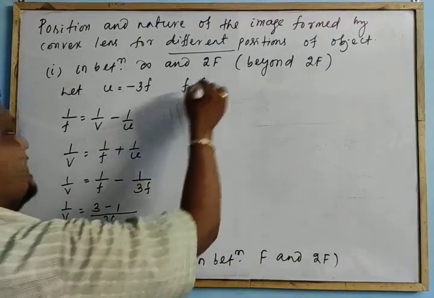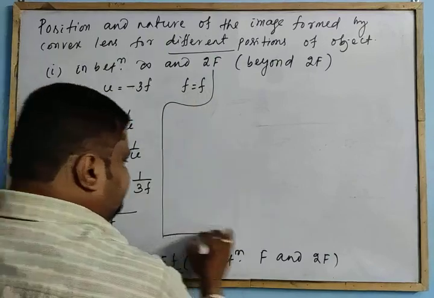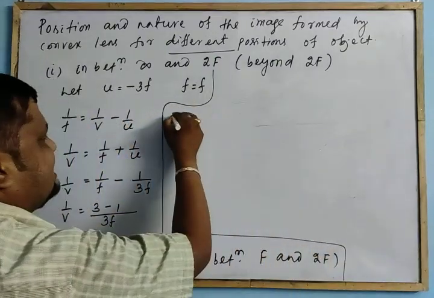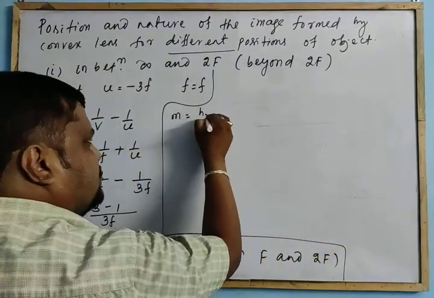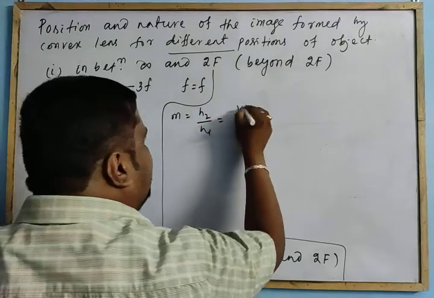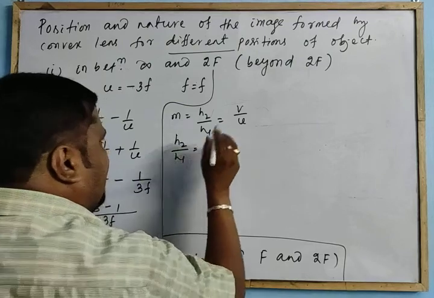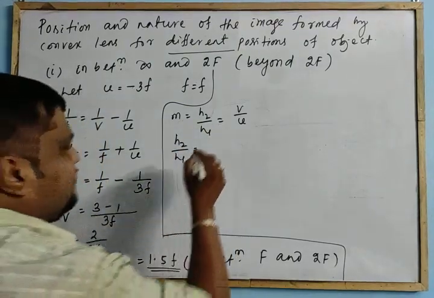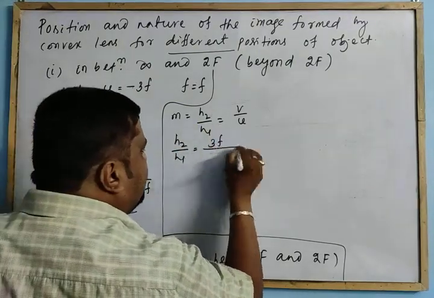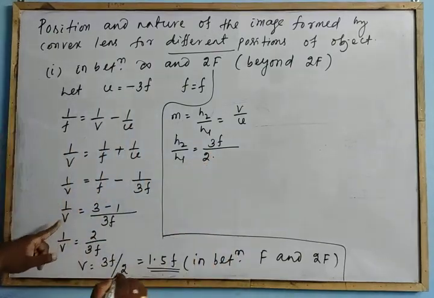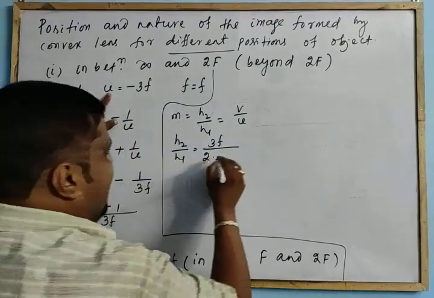Next, go for magnification. M is equal to h2 by h1, which is equal to v by u. What is v? Already I got v is equal to 3f by 2. What is u? U I have taken minus 3f.